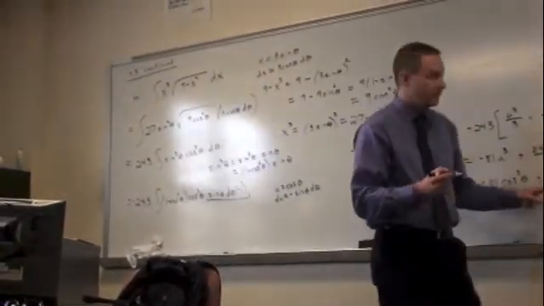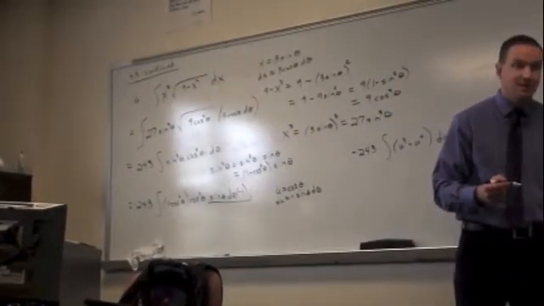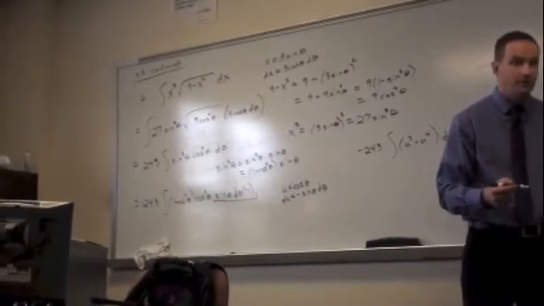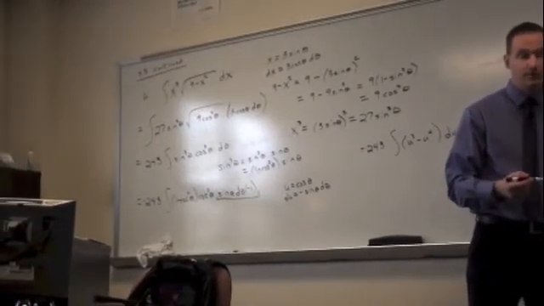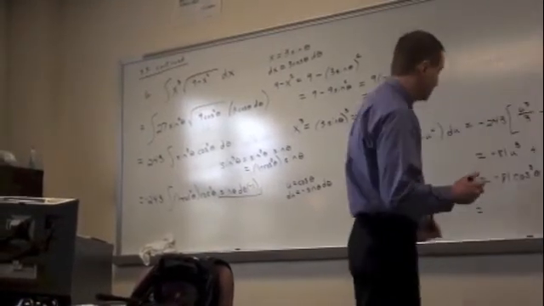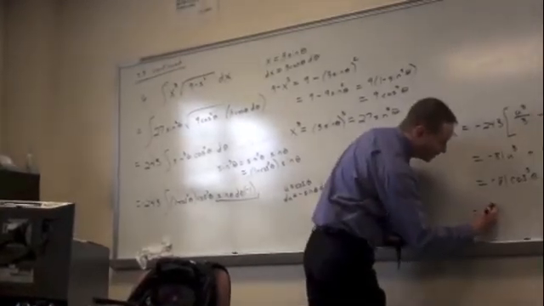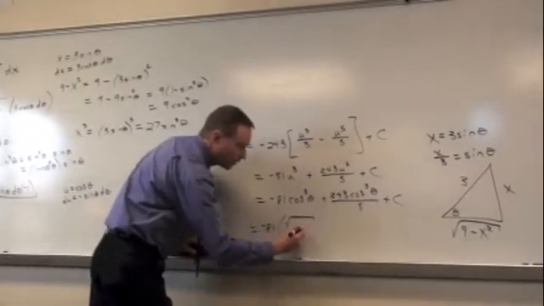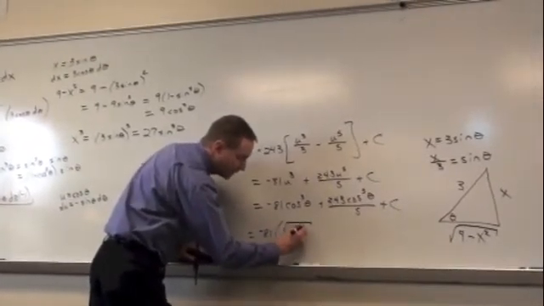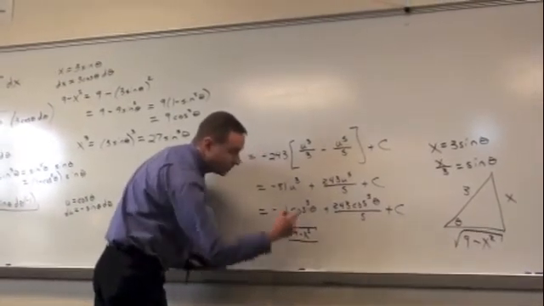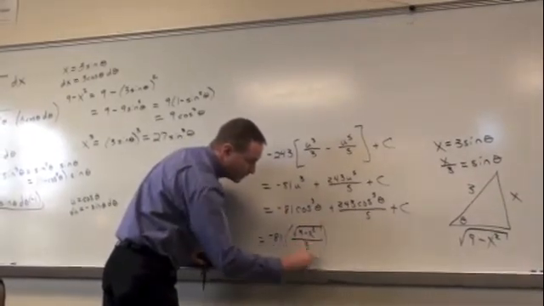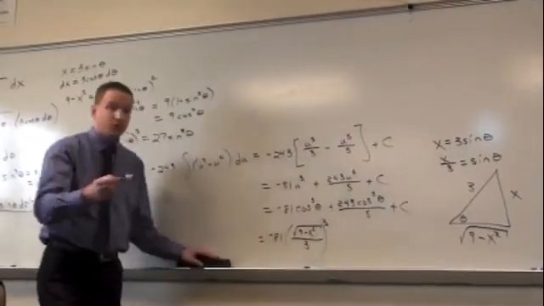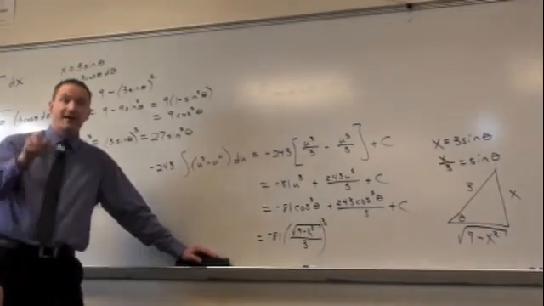So now I'll go into my problem and say, negative 81 cosine cubed theta. Well, the cosine of theta is adjacent over hypotenuse. Well, this is that fraction cubed. So I'll say negative 81 times the group, the square root of 9 minus x squared over 3 cubed. And I bet you're thinking you'll be able to simplify this.